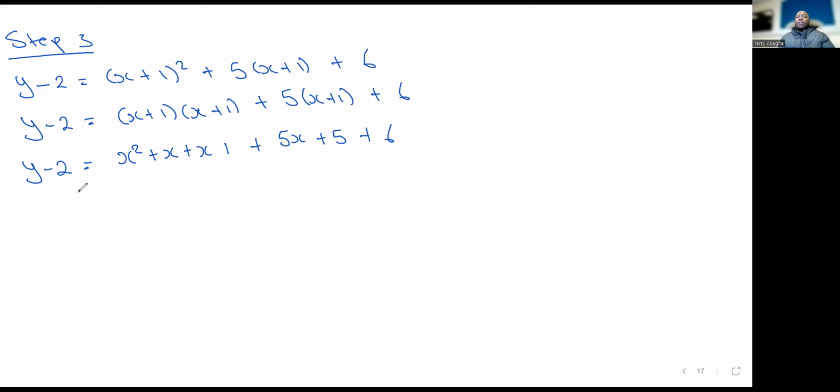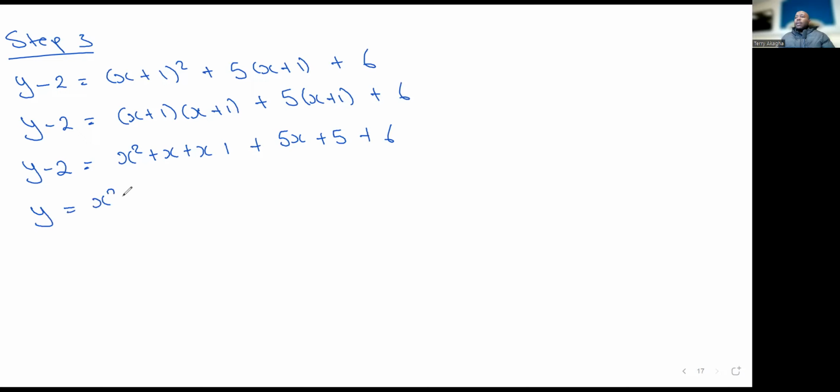Then y will be equal to, we'll take 2 to the other side. So it's going to be x squared plus x plus x plus 1 plus 5x plus 5 plus 6 plus 2, because we are taking this 2 to the other side.